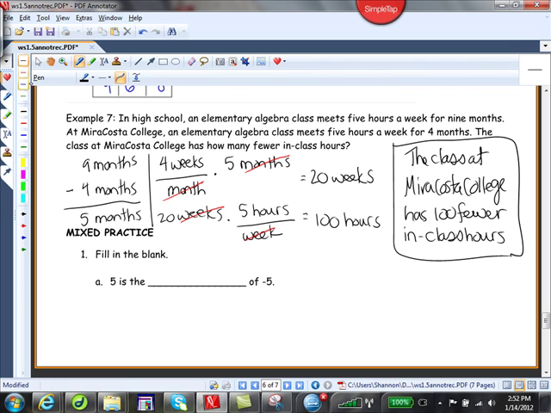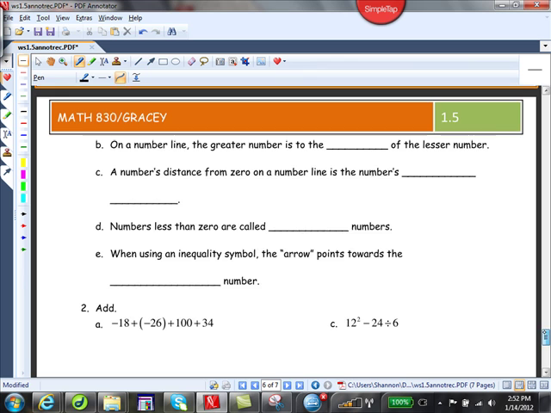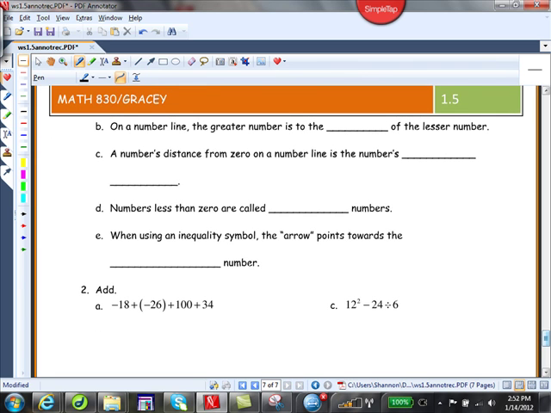Let's finish these guys up. 5 is the opposite of -5. You could also say additive inverse. On a number line, the greater number is to the right of the lesser number. A number's distance from 0 on a number line is the number's absolute value.